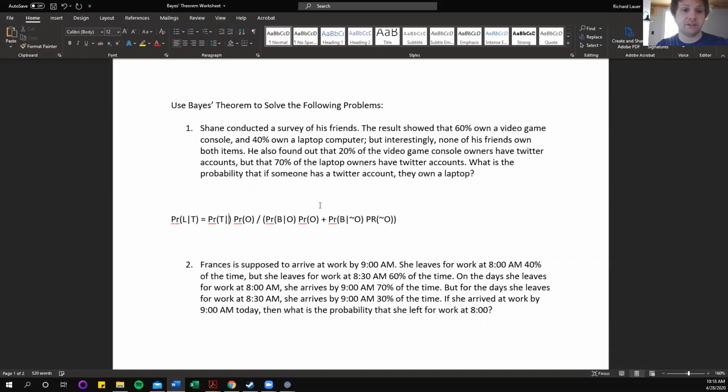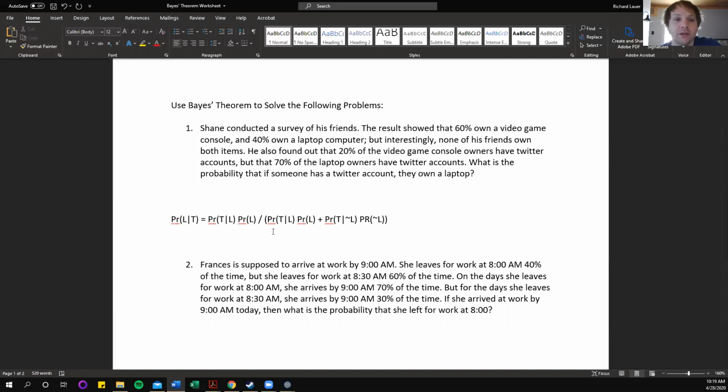So this is going to be the probability of T given L multiplied by the probability of L, divided by the probability of T given L multiplied by the probability of L, plus the probability of T given not L multiplied by the probability of not L. Right, so in this case then, I'm sorry, this should be the probability of L. Small mistake.